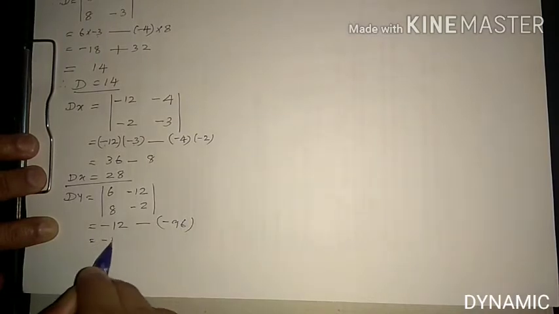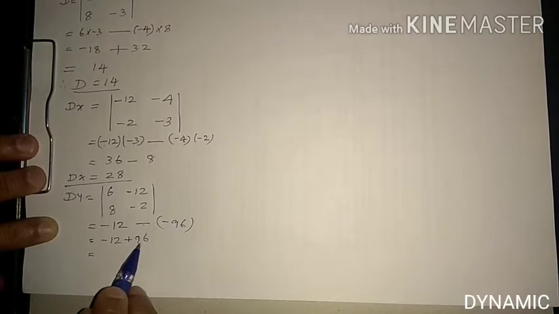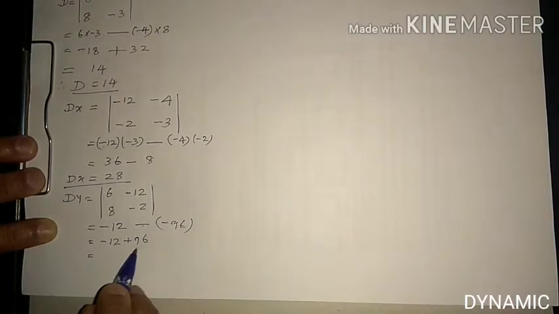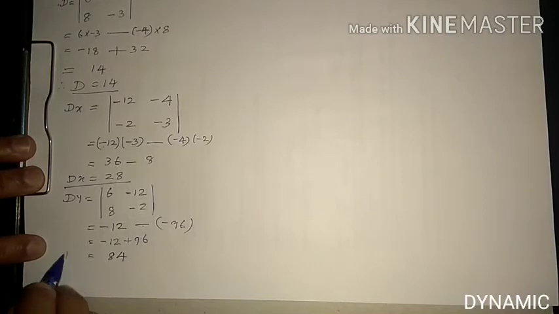Now this is minus 12, minus into minus, plus 96. 2 you reduce here, now 10. 2 you reduce from here also, 94. So here it is 94 minus 10. That is 84. Greater numbers and plus we need not write it.